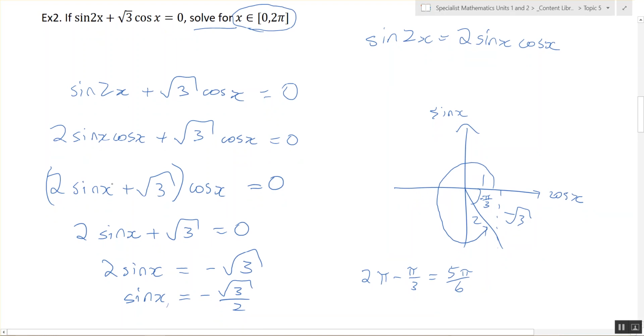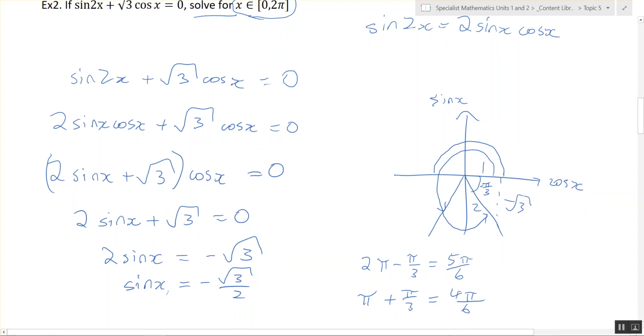Now, because it's sine, it's going to also have the same answer here. So there's multiple answers. So now we're going to do pi plus pi over 3. So you really have to know your unit circle well to get this. Oh, I made a mistake.